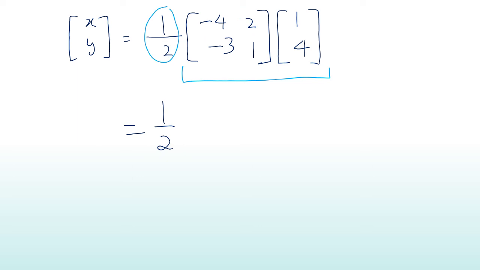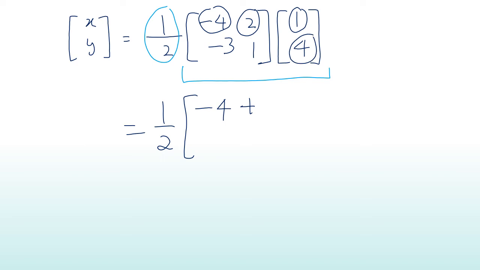Clear the arrow first. You just multiply: negative 4 multiplied with 1 is negative 4, plus 2 multiplied with 4 is 8. And then negative 3 multiplied with 1 is negative 3, plus 1 multiplied with 4 will come 4.